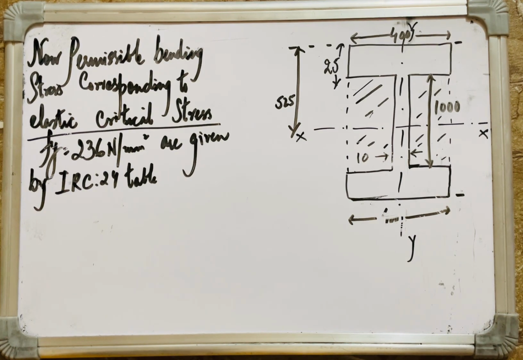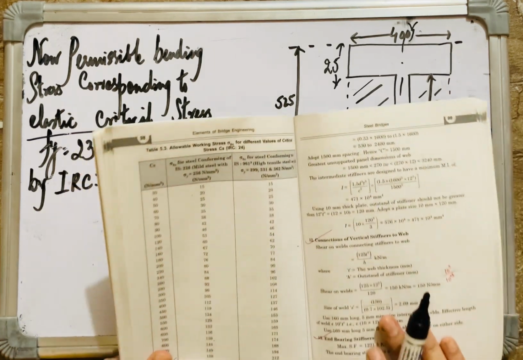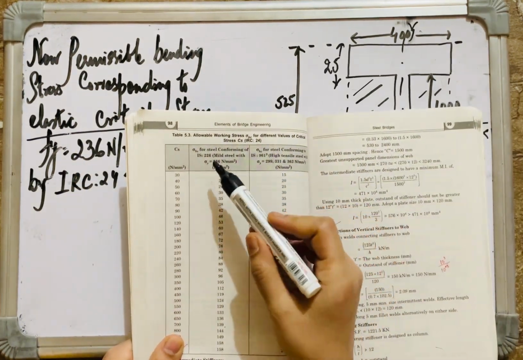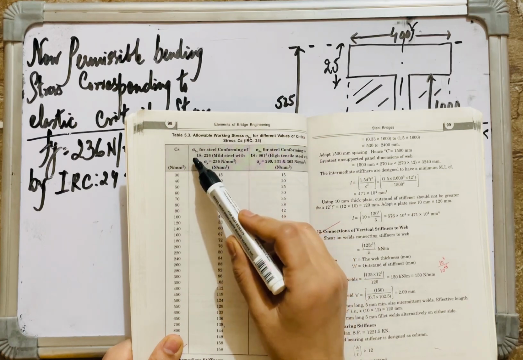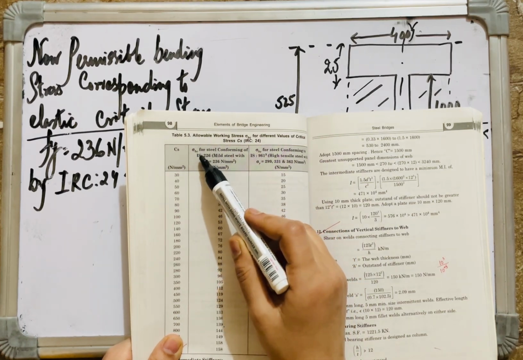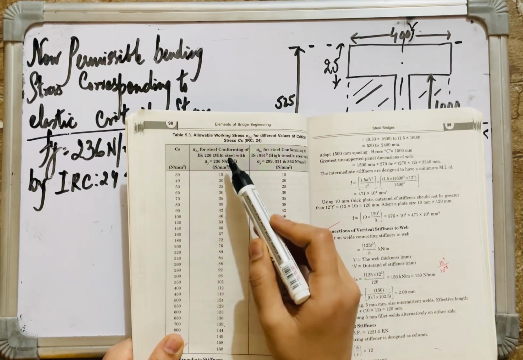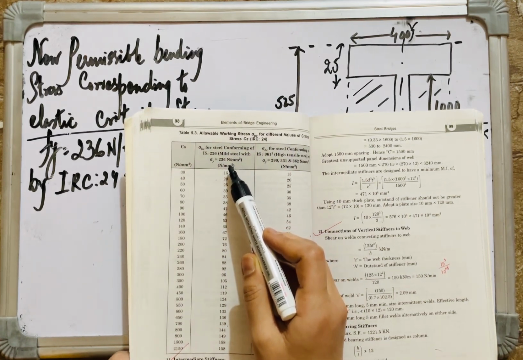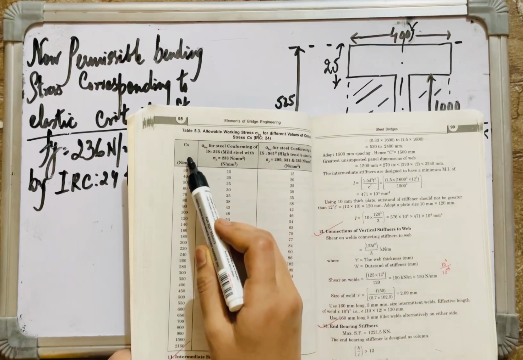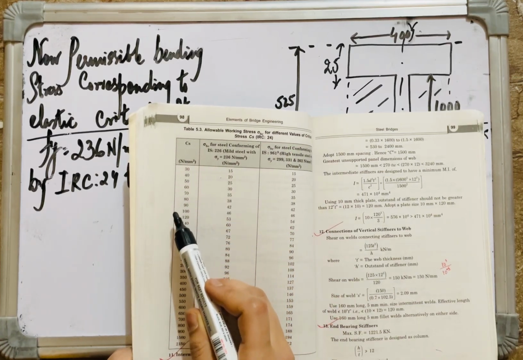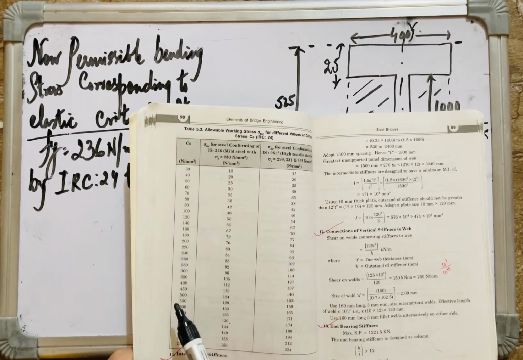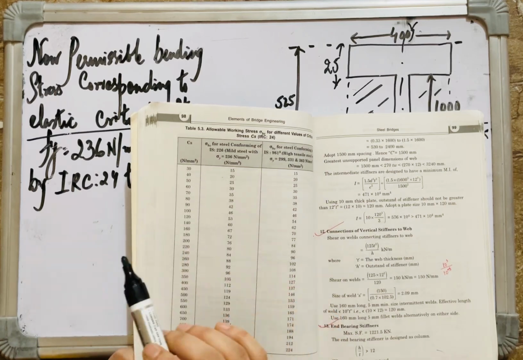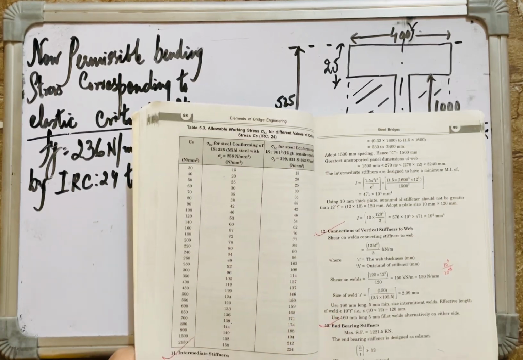How do I need to calculate this? As per the IRC 24 table, which gives me the allowable working stress or sigma BC, the permissible bending stress for the yield stress of 236 Newton per mm square of my rolled steel section, for the various values of the elastic critical stress given in this column. To match it, what do I need to calculate first?